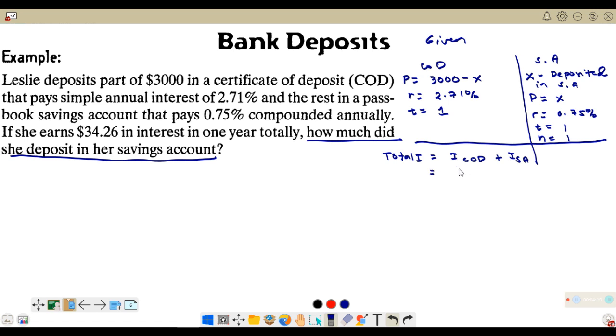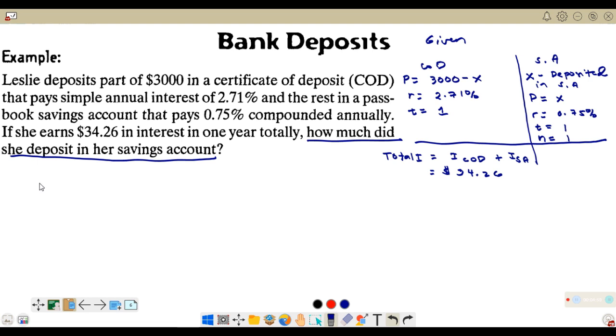All in all, sila ay $34.26. Okay, we are going to make use of this idea. So, how can we get the interest out of our certificate of deposit? Tapos, paano natin makukuha yung interest out of the savings account? So, madali lang siya kasi isang taon lang.